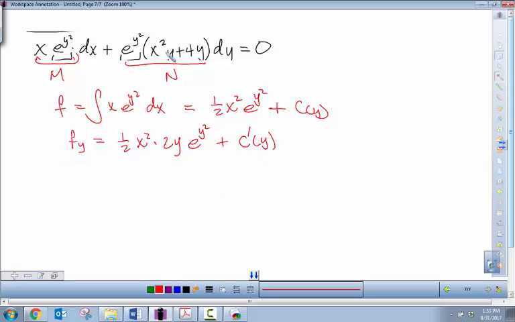Now this f_y is supposed to be N, so we're going to set this equal to N. And for us to get this kind of prepared, let's distribute this out. So we have x squared y e to the y squared plus 4y e to the y squared. And this is your N.